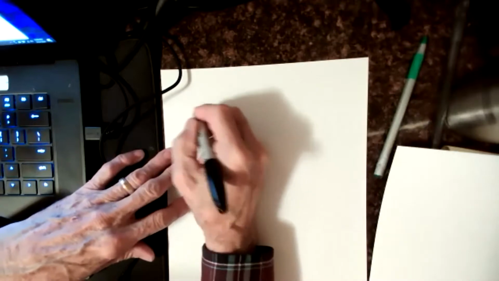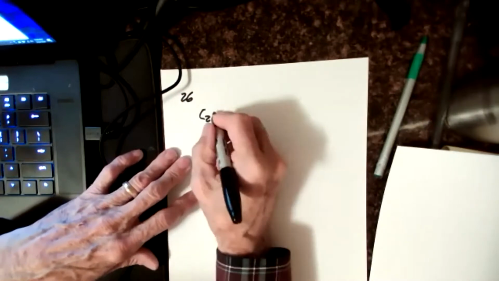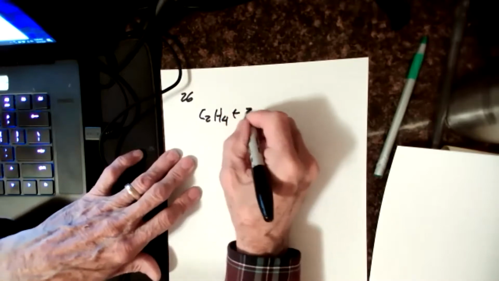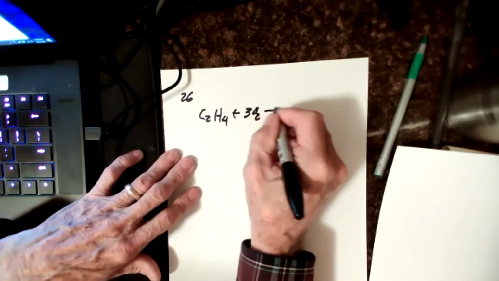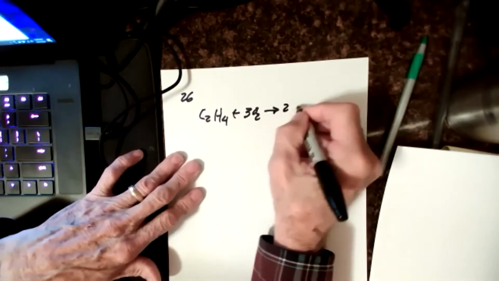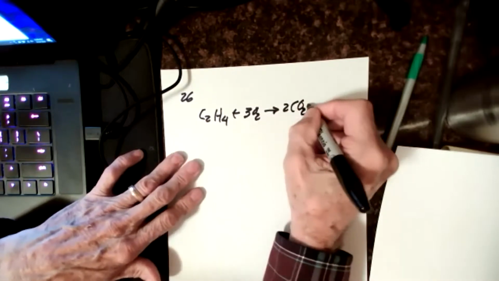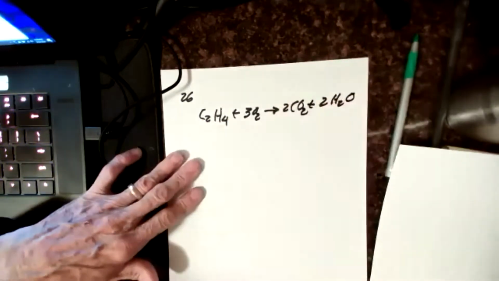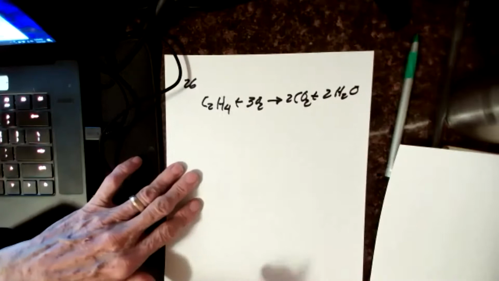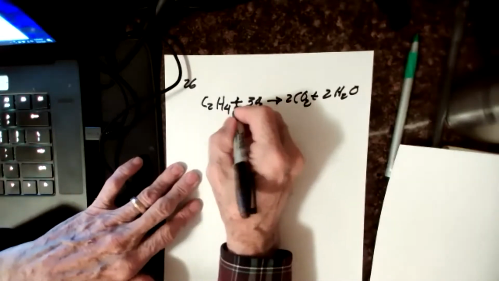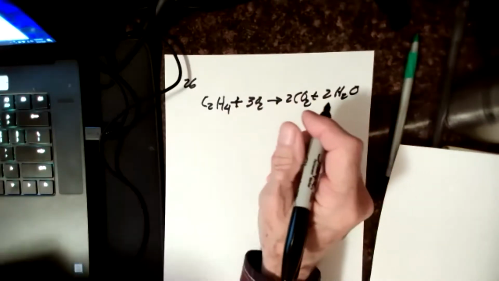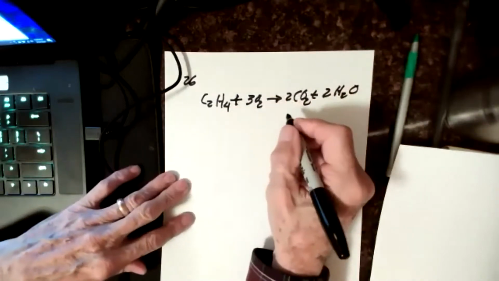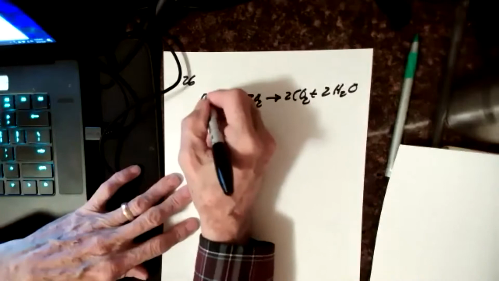It's C2H4 and 3 O2s, and it's going to 2 CO2s and 2 H2Os. Okay, now, this is my balanced equation. We'll calculate the heat of the reaction.